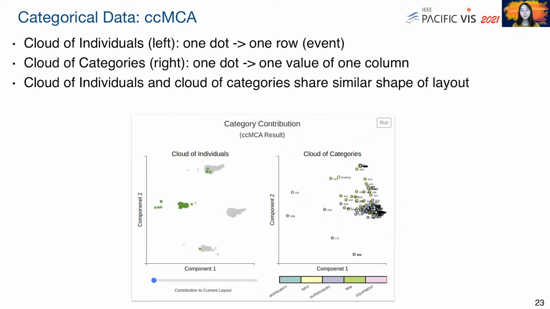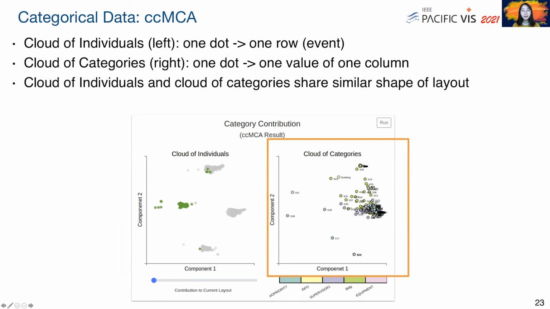We provide two plots in the category contribution panel to visualize the analysis result of CCMCA. In the cloud of individuals on the left, each dot represents a row in the original dataset, or we can say a maintenance log.